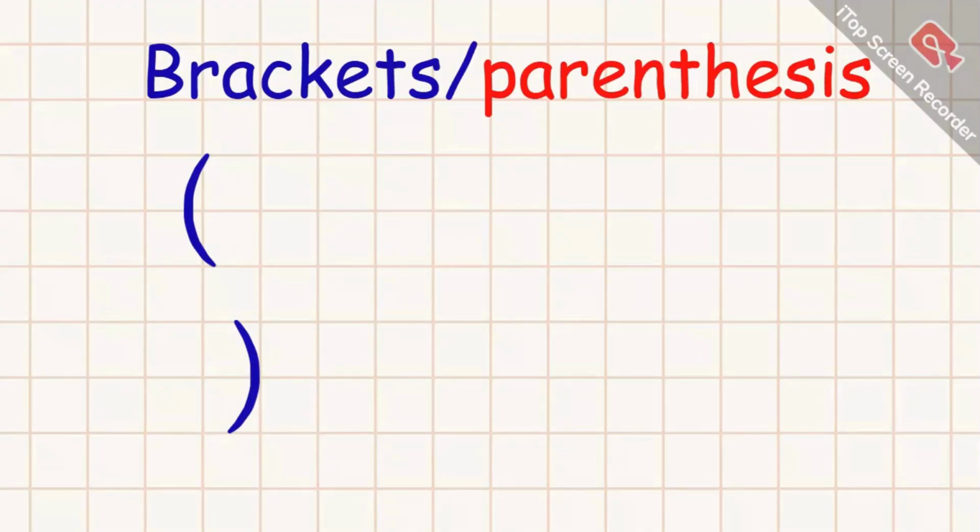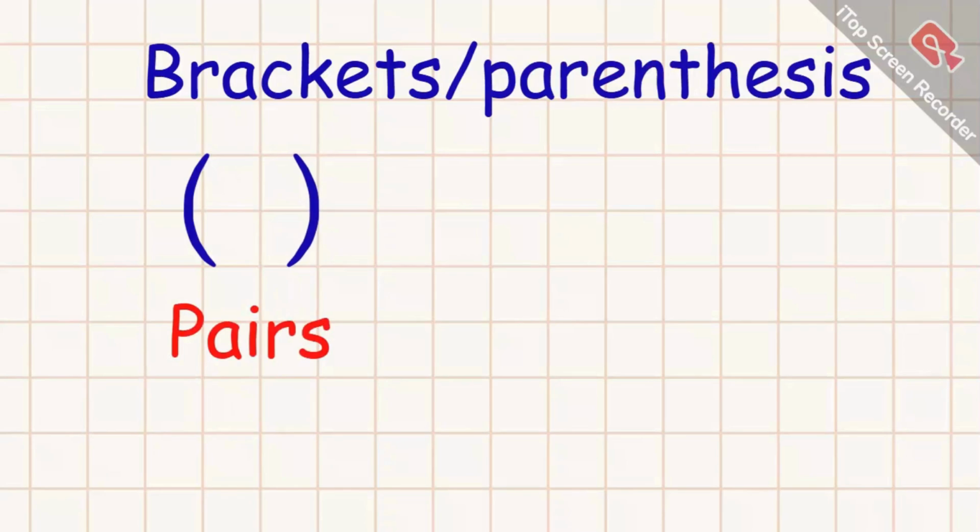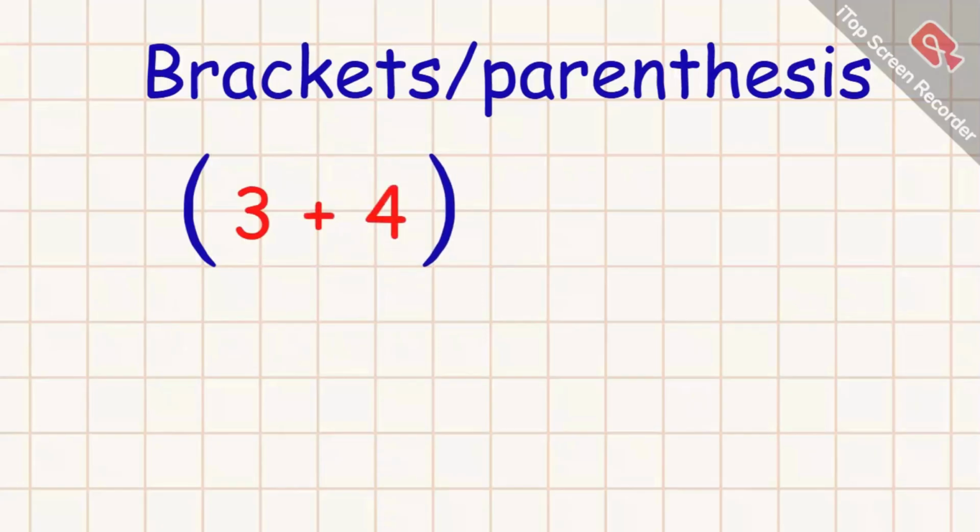Now, in case you haven't seen parentheses or brackets used in math before, let me briefly explain how they work. Parentheses are just symbols that curve forward and backward, and they're used in pairs like this. And we put numbers and operators in between them, which forms a group.